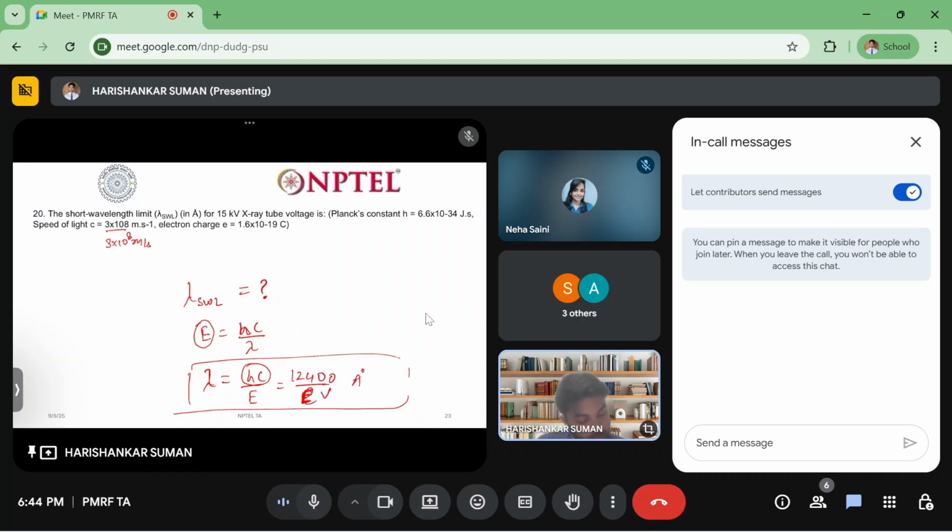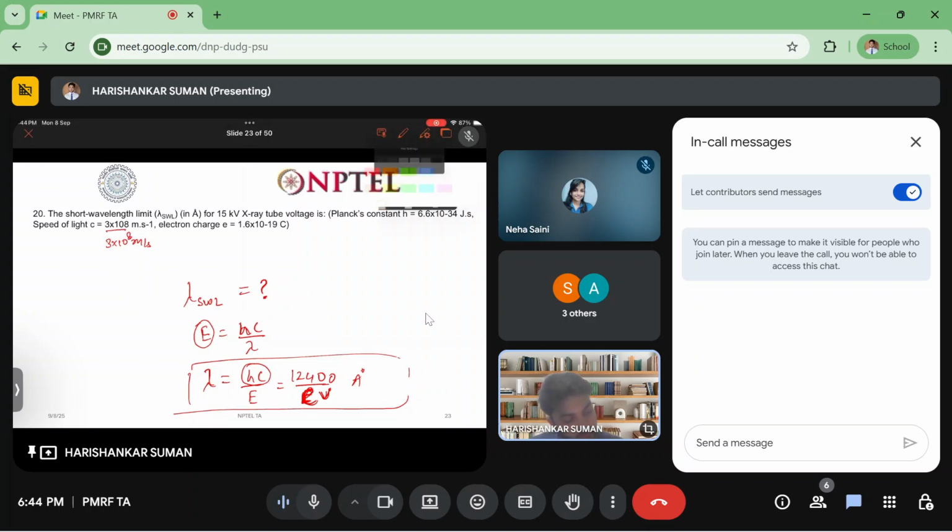Put in electron volt. I have used E for calculation purposes here. So the voltage is in volts, then lambda will be in angstrom. You can take 2 minutes now, put the value and give me the answer.